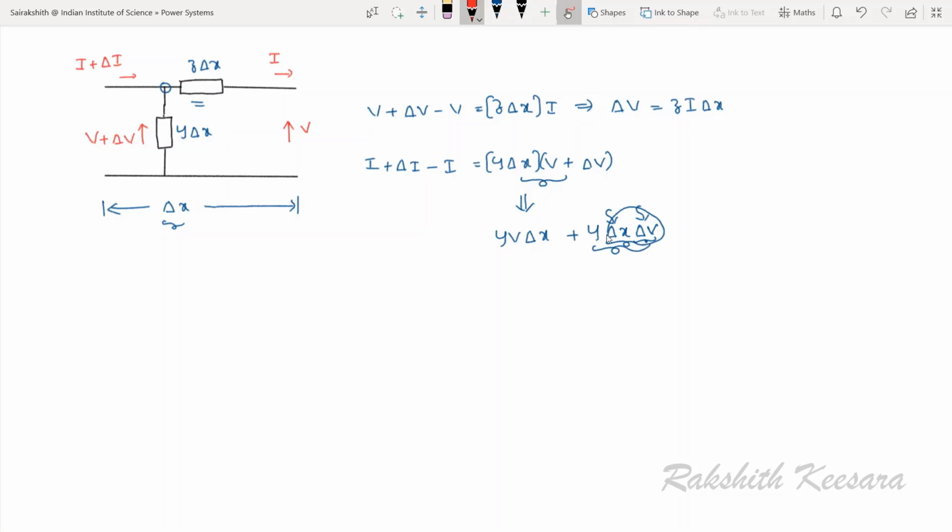If we multiply these two, then this quantity will become negligible. So generally we will neglect this. So after neglecting, what will be my equation? y V delta x.